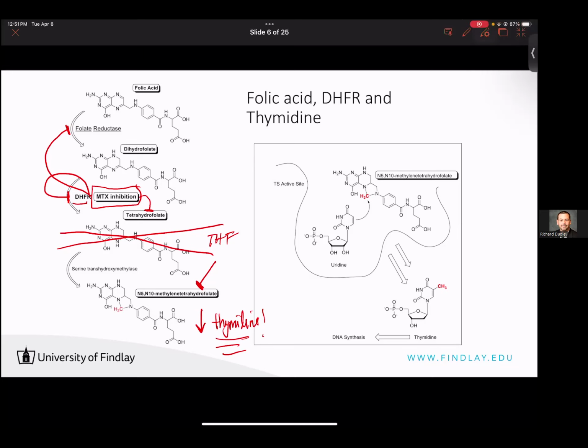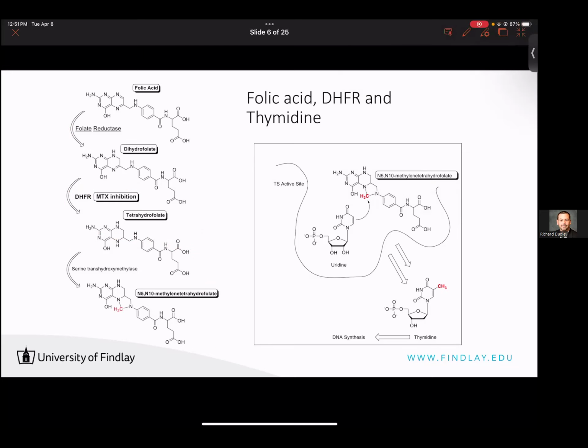All right. Before we move on, I want to talk for a second about the image on the right. Folic acid, dihydrofolate reductase, and then another enzyme called thymidylate synthase are all sort of working in concert together to ensure that the cell has adequate thymidine concentrations for the purpose of DNA synthesis.